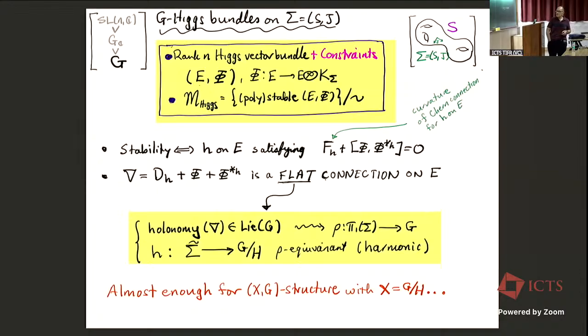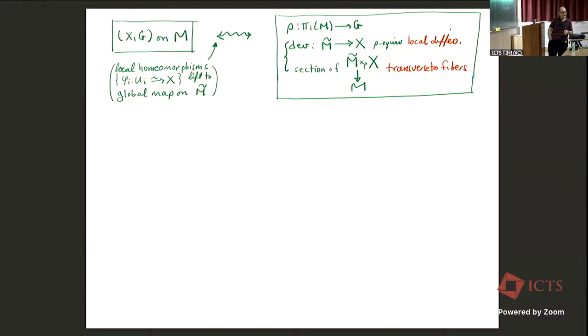So this kind of structure is almost enough to define an XG geometry, where X is G mod H, but it's not quite sufficient.